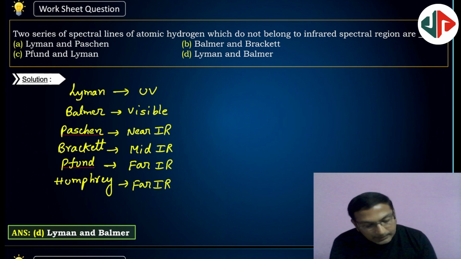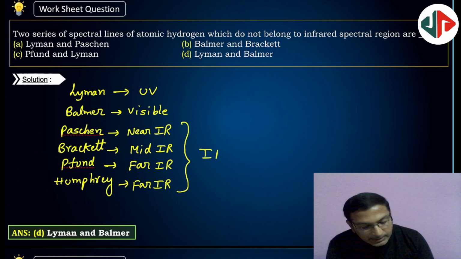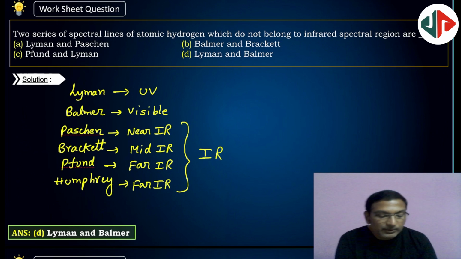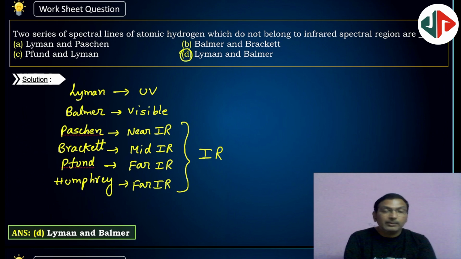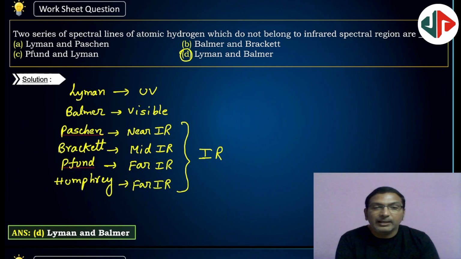So these series are related to IR region and the remaining to UV and visible. So two series which do not belong to IR region are, simply we can say option D, Lyman and Balmer. So remaining lines will be observed in IR region.